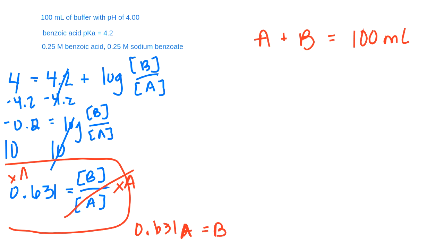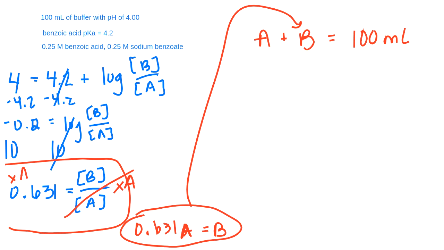Now that I have an amount for B, I can plug that in up here. So it's A plus 0.631A equals 100. So we combine like terms.